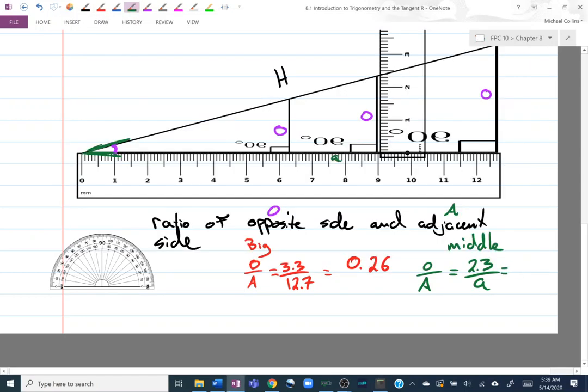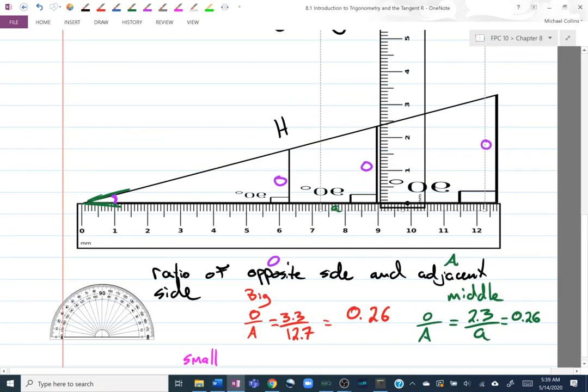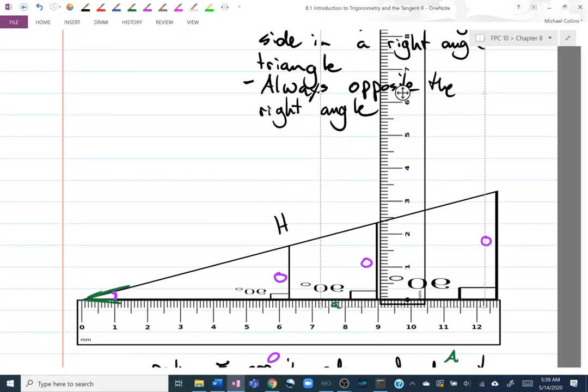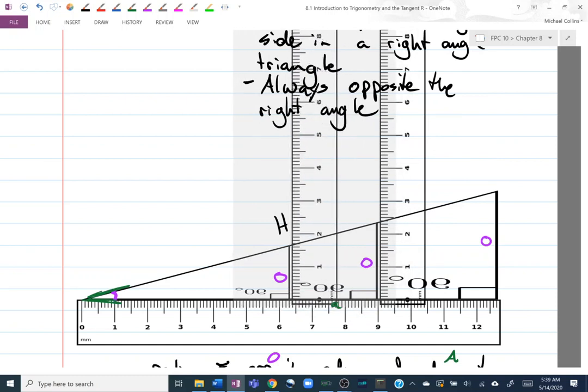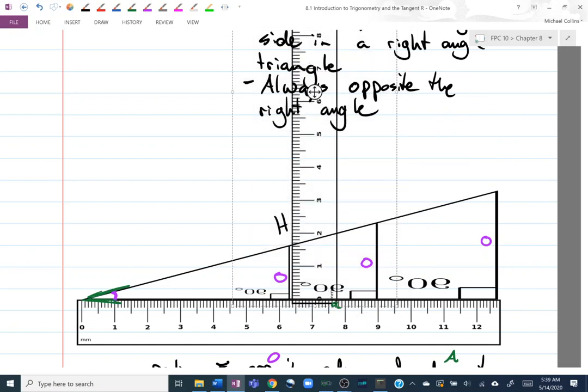This demonstration looks a little bit better if you all have your own rulers and your own right angle triangles, and you measure them yourself. But we're still going to do the best we can. And now if I look at my small one, my opposite side looks like it's right between the 1.6 and the 1.7.